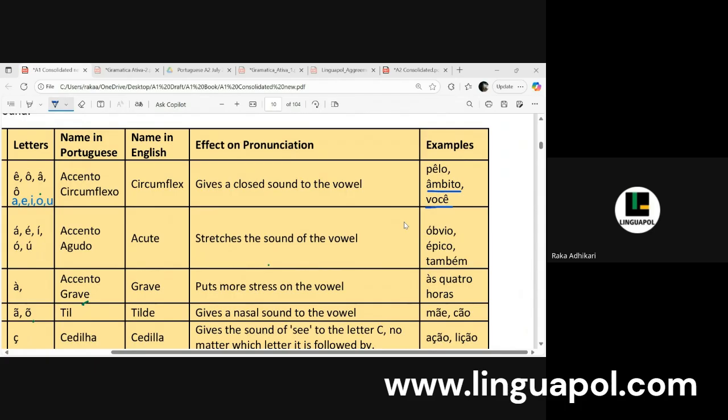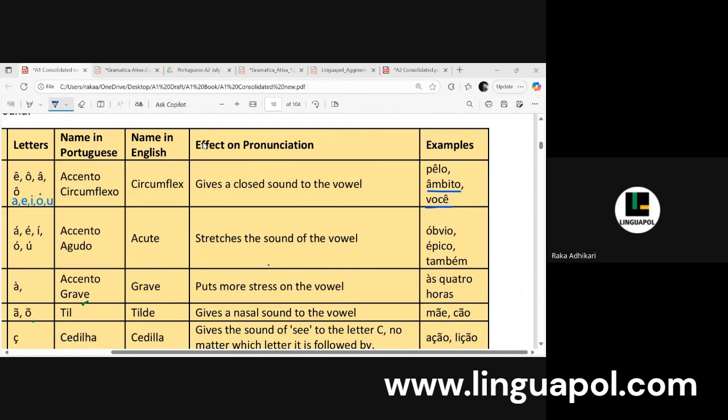And the other sound, which is important in this word, is A. There's a difference. Natural or the default sound is A, and the sound with the accent here is A. So this word will be read as ambitu. Ambitu means scope, opportunity.